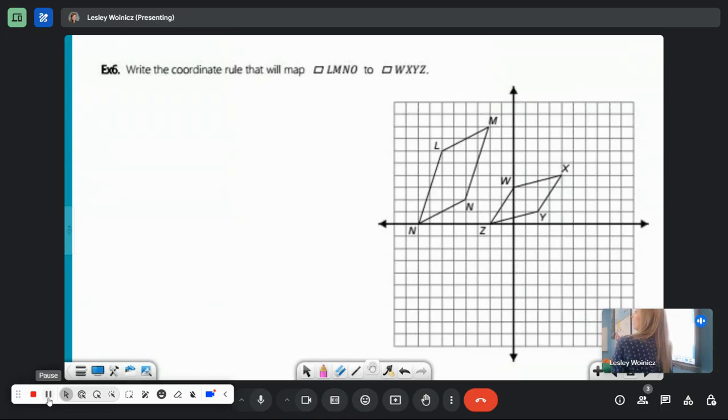First of all, do we have a compression or a stretch? We're going from this one to that one. We have a compression. Is it vertical or horizontal? Yeah, it's a vertical compression.